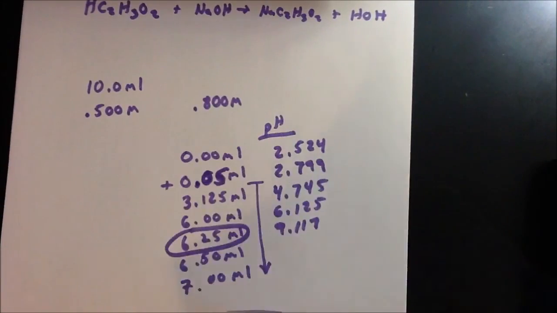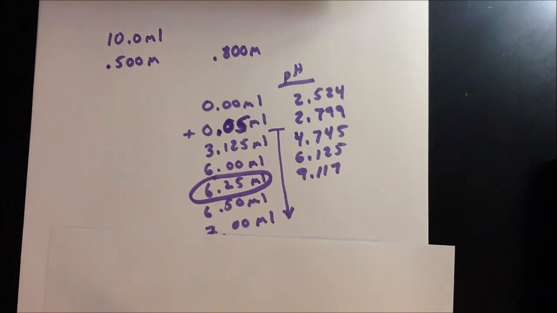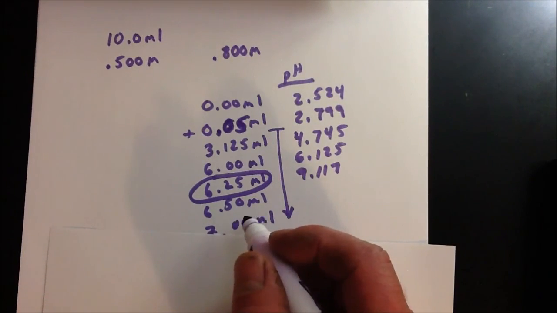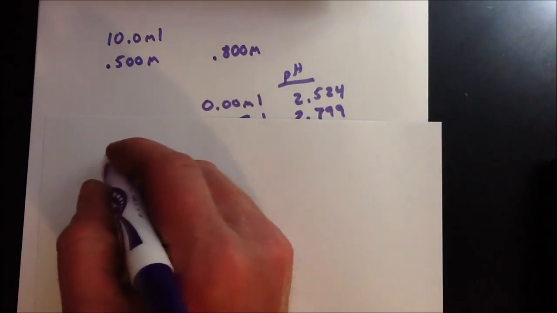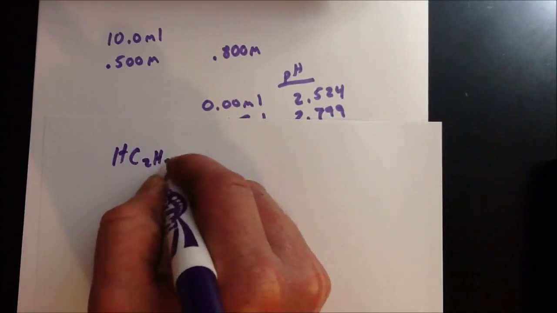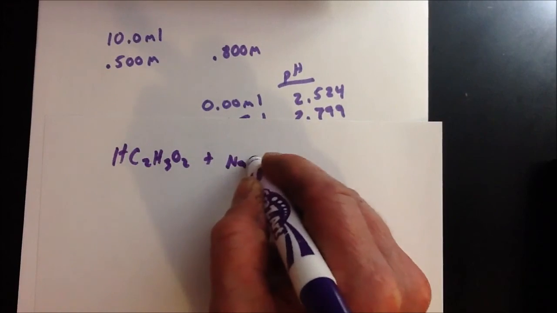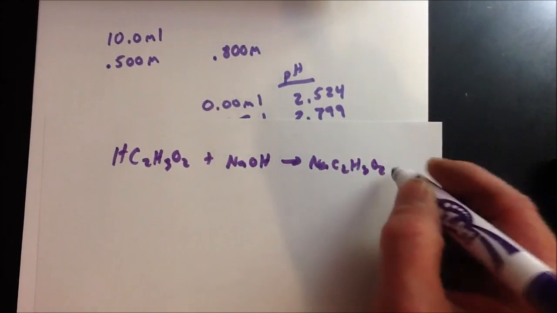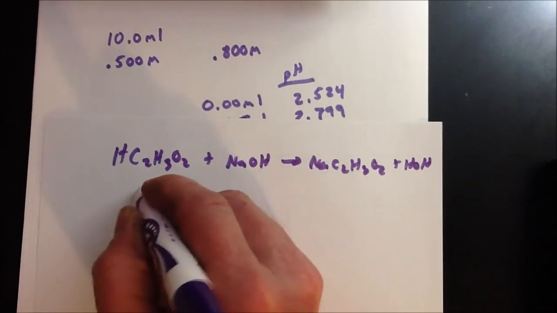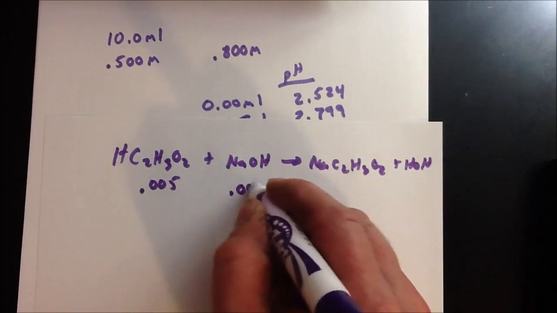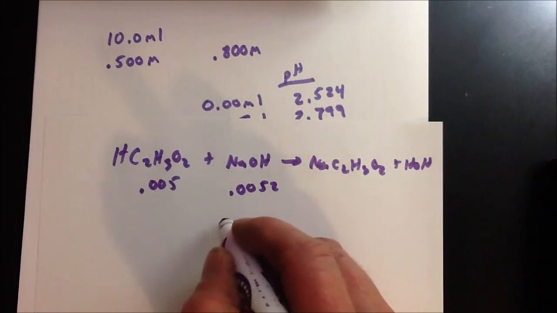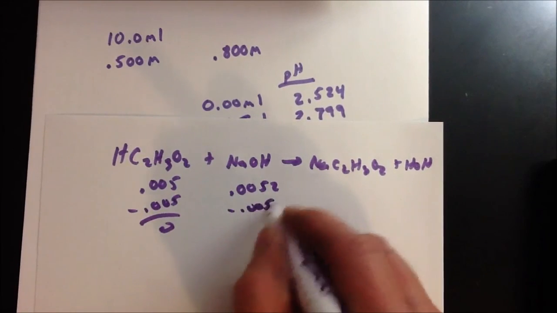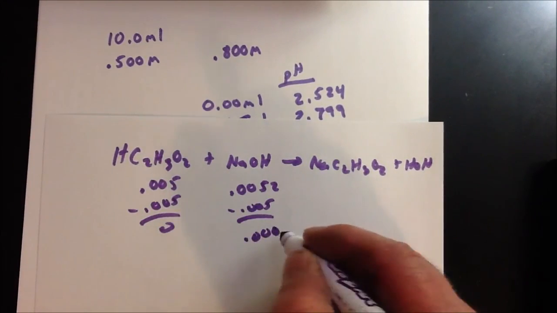Alright, so at this point now we've hit the equivalence point, and now we're going to have excess sodium hydroxide. So we got 6.50 milliliters of 0.8 molar. So stoichiometry first. 0.0052 minus 0.005 is 0.0002.